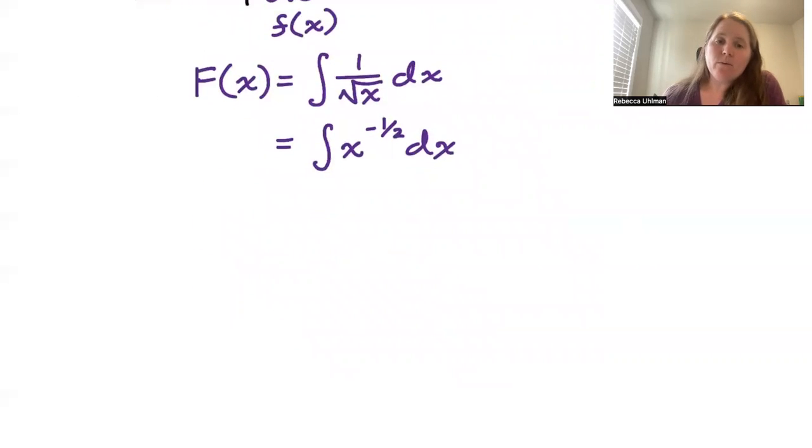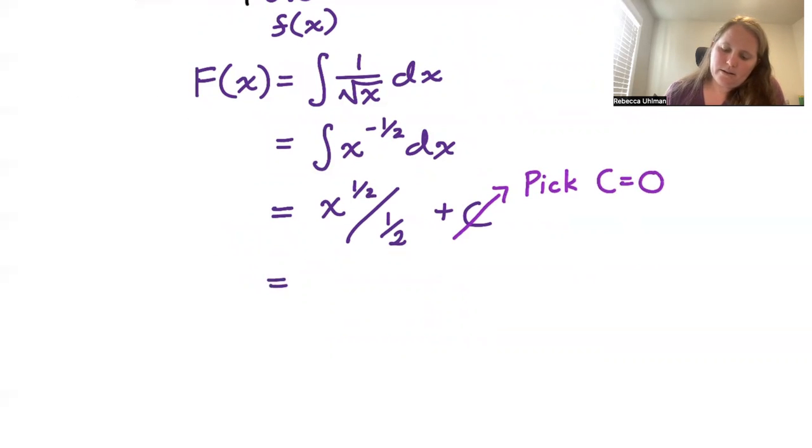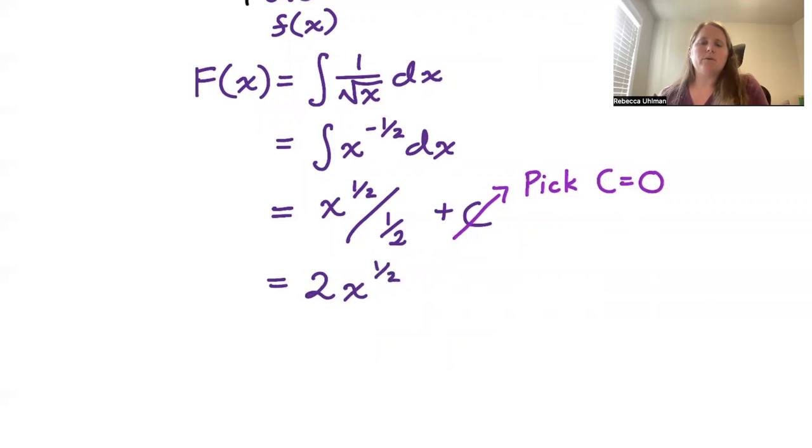That's just a power rule question. So we are looking at negative 1/2 plus 1 goes up to positive 1/2. We have x to the positive 1/2. Then we should divide by that new power of 1/2 plus c. Once again, we'll go ahead and just pick c equals 0. And so we are looking at our capital F of x is 2x to the 1/2, or 2 times the square root of x.